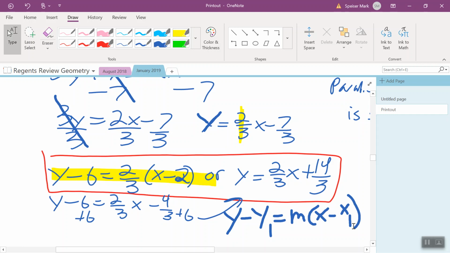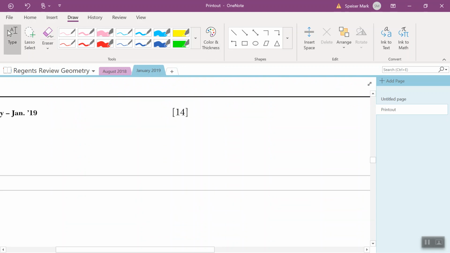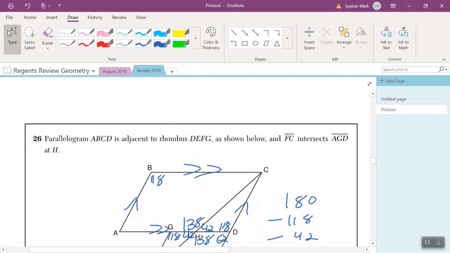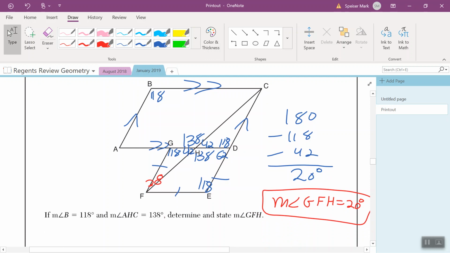On to question 26. Parallelogram ABCD is adjacent to rhombus DEFG as shown below, and segment FC intersects segment AGD at point H. So here we have parallelogram ABCD, rhombus DEFG.